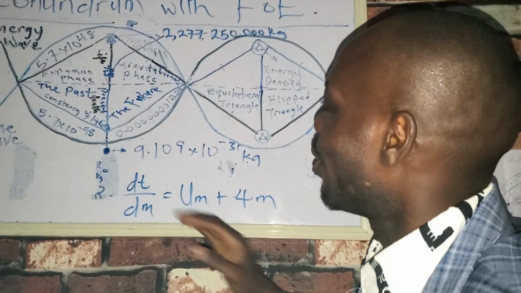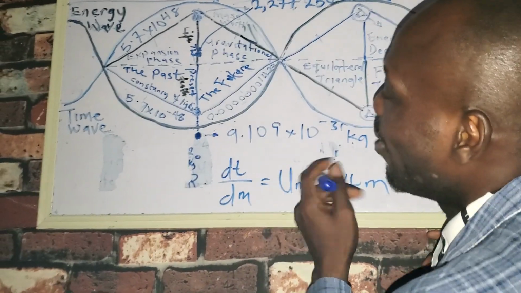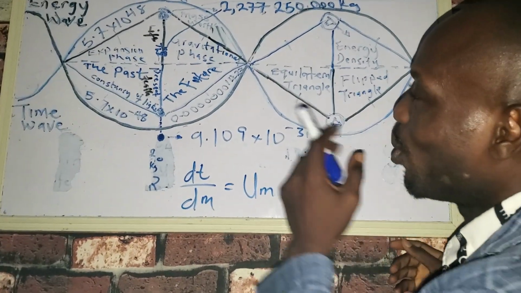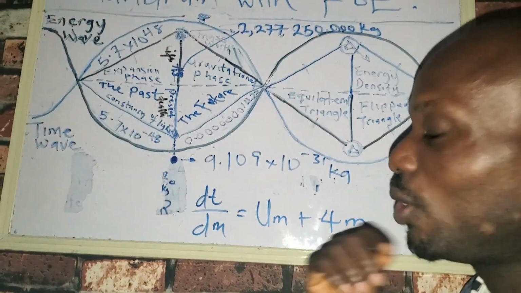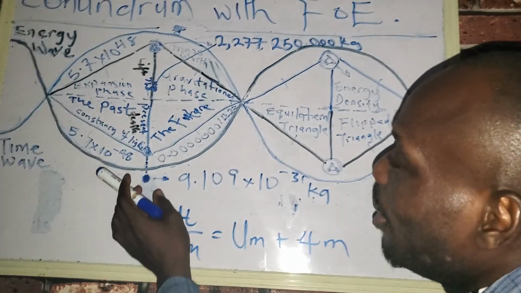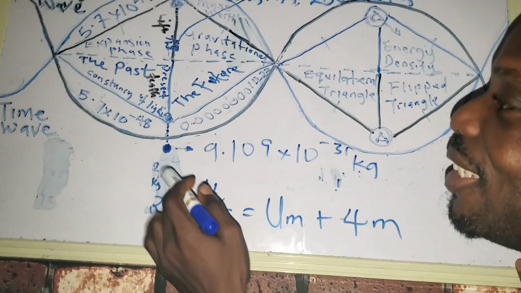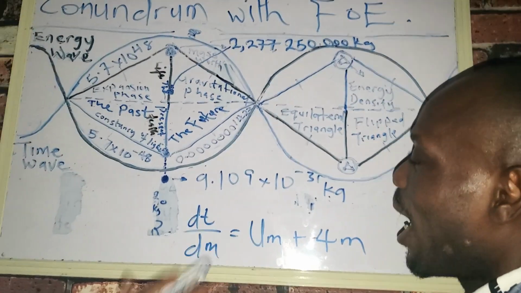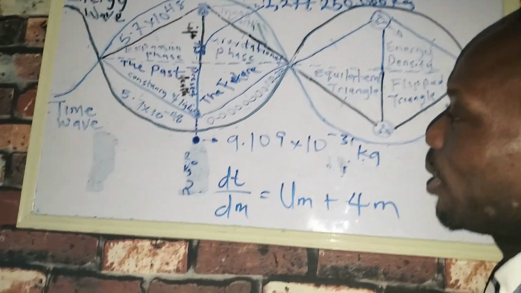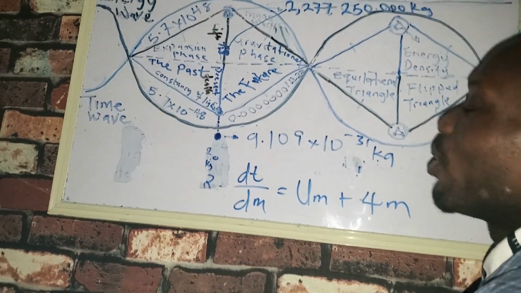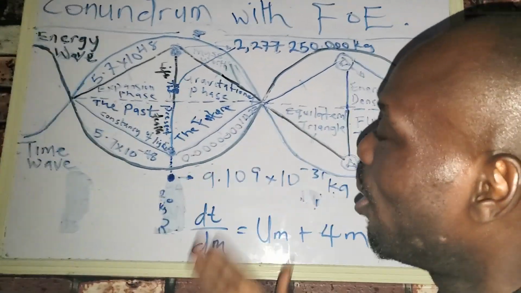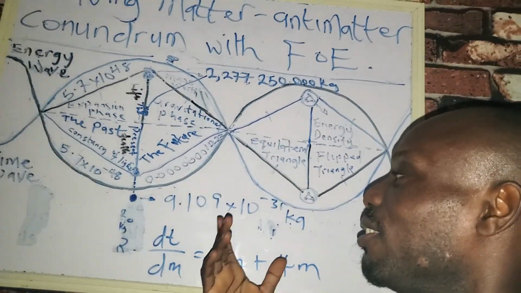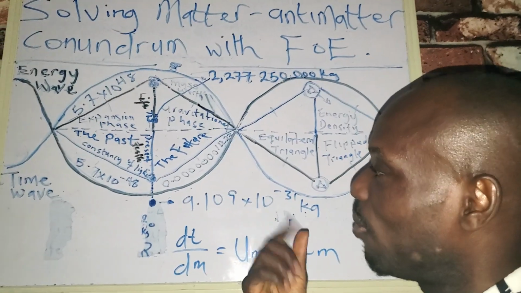Now, by applying the formula of everything, we discover the electron mass. But the question we now need to ask is, is the mass we have here a positron, which is the antimatter of the electron, or the electron itself? Well, I've been thinking about how I can explain this intuitively.